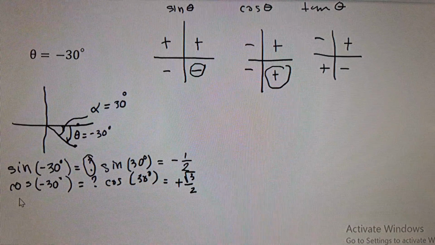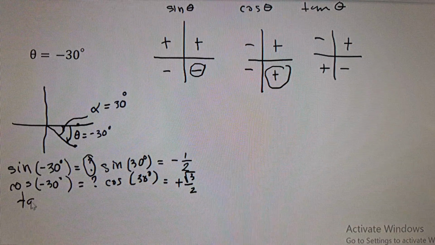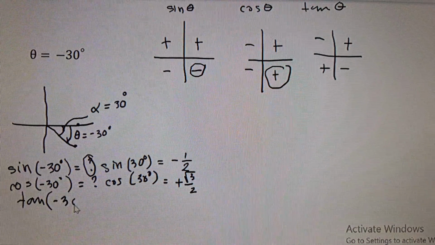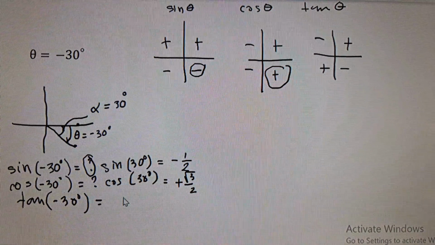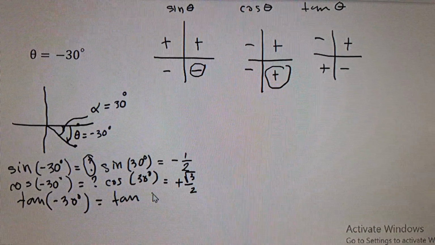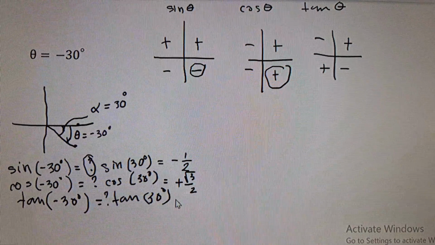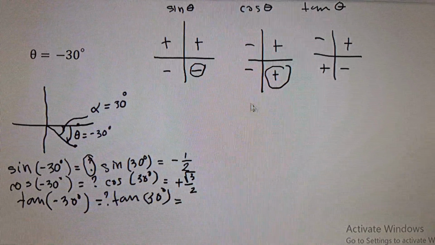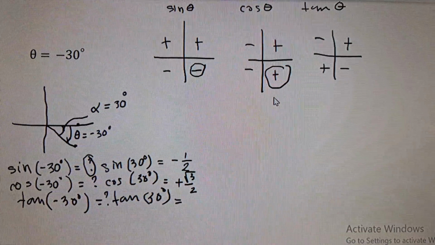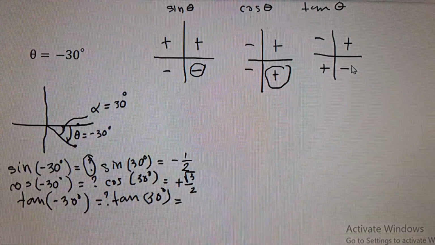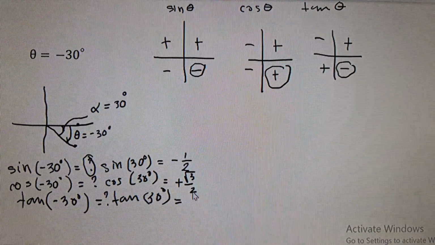How about the tangent? Tangent of minus 30 degrees is going to be equal to the tangent of 30 degrees. And let's take a look at the sine. We are in the fourth quadrant. Therefore, the tangent is going to be negative at that point.